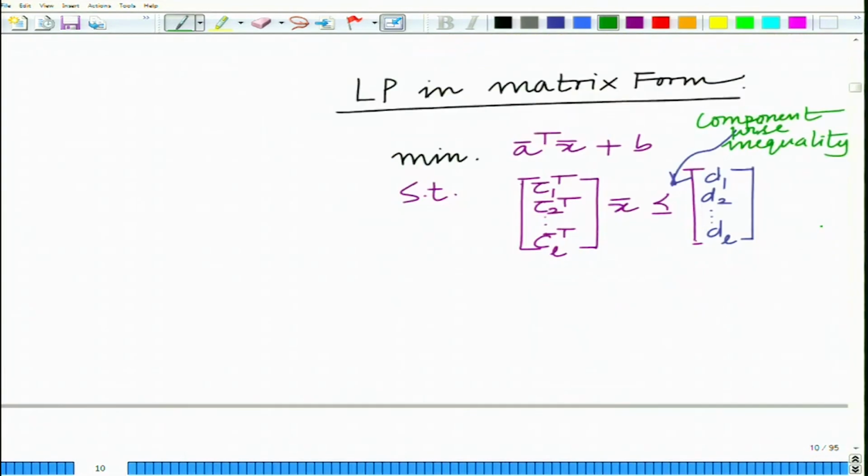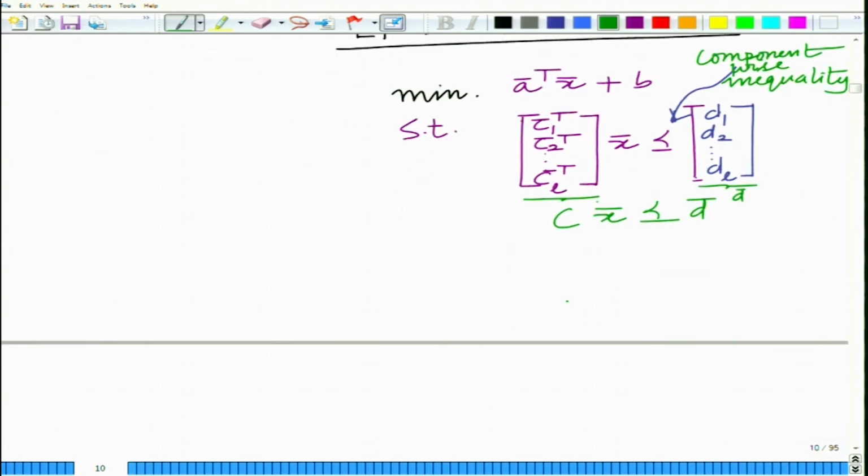This is the component wise inequality. So, I can write this now as your matrix C times x bar component wise less than or equal to this vector d bar. So, I can represent it in a compact form using matrices.